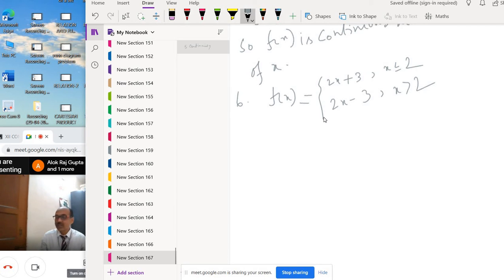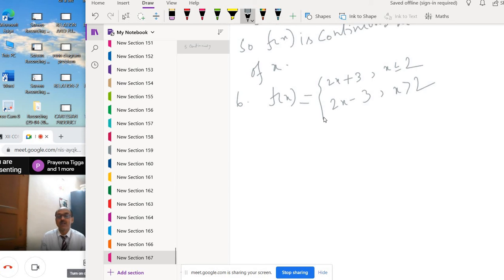The question is: find all the points of discontinuity of f, where f is defined by this. All points of discontinuity means when this function is not continuous, we have to find that point.